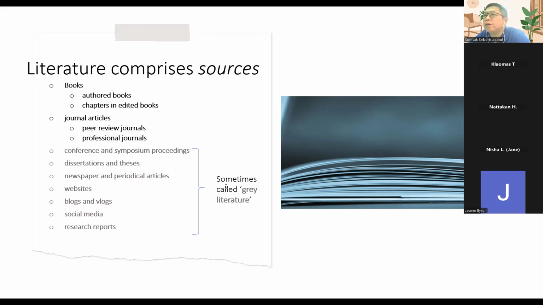And the last one we call gray literature. Fifty shades of gray, right? Gray literature means all of these things not in the academic world. Sometimes we question or are suspicious about how good or how bad they are in terms of the publication process.